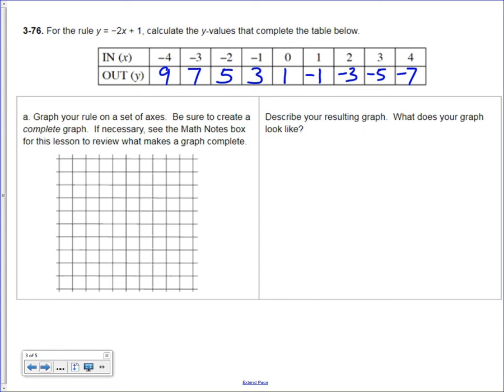So on my graph, I'm going to try to make a straighter line. This is my x. This is my y. For my x's, I'm going to count by 1. But for my y's, I'm going to count by 2's.